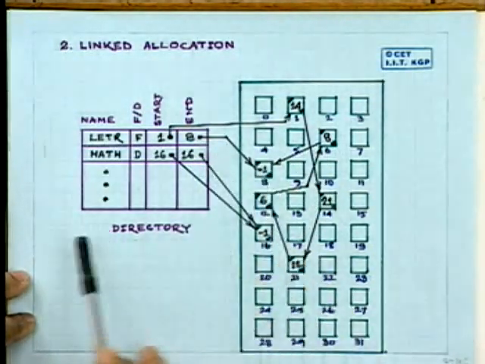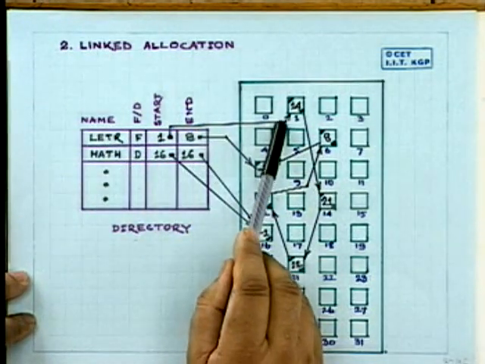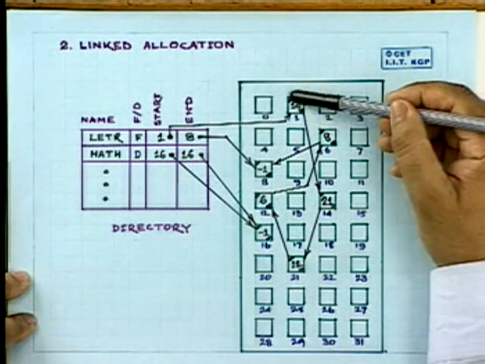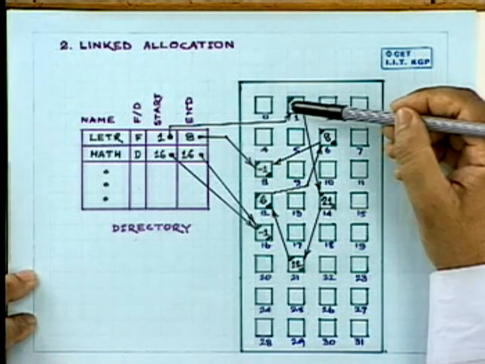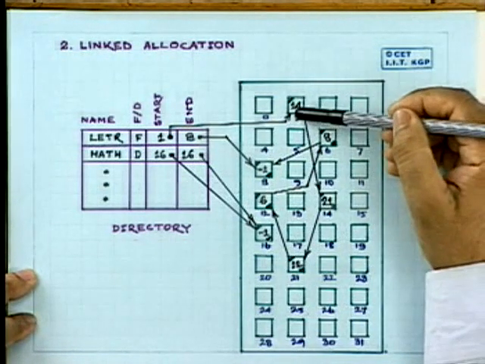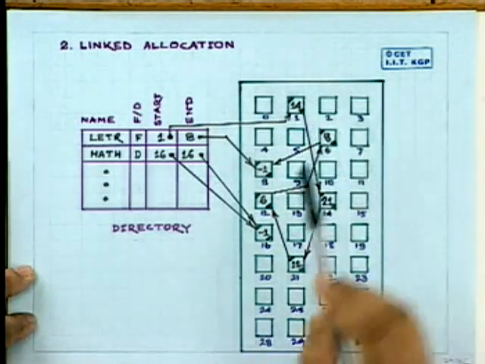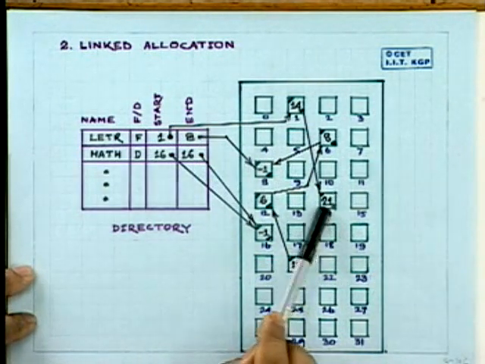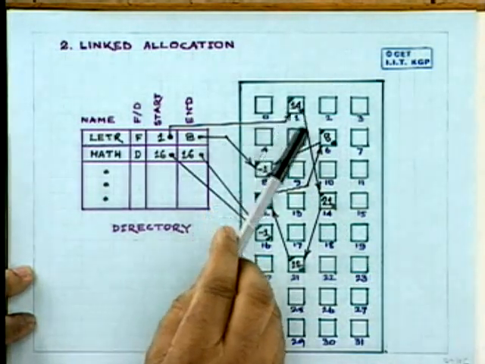For example, see the file later will start at 1, therefore we'll have to go to the first block. It now says that it contains part of the file, and since the file is of length more than one physical block, it says that you'll have to go to the 14th block for the rest of it. Which means this 14th block has been kept as an entry here, making it a linked list.